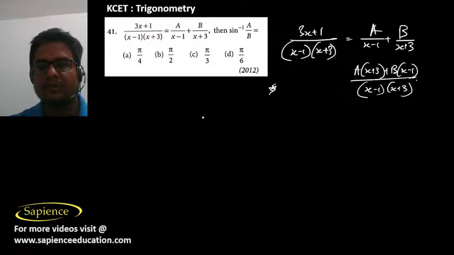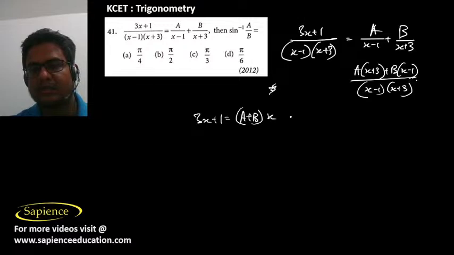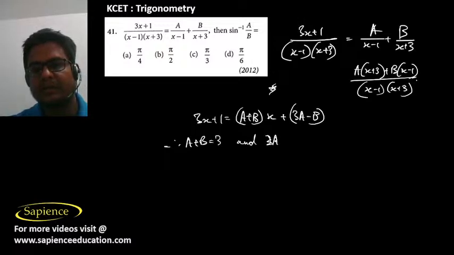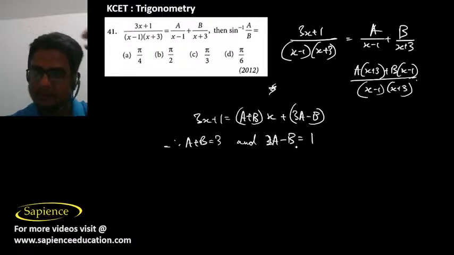Therefore if we compare both sides, 3x plus 1 is equal to a plus b into x plus 3a minus b. So a plus b should be equal to 3, and 3a minus b should be equal to 1.